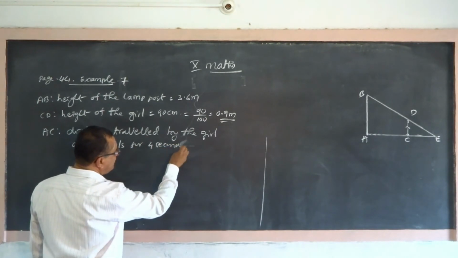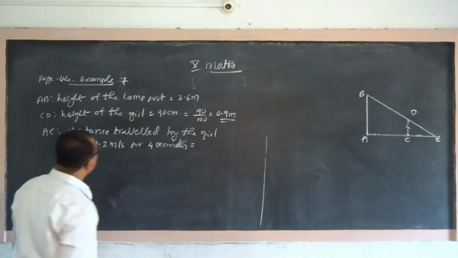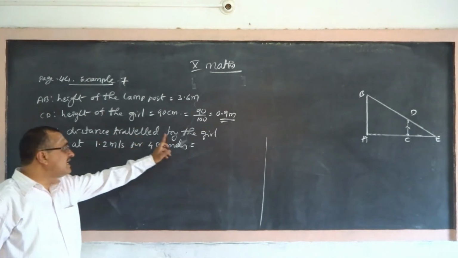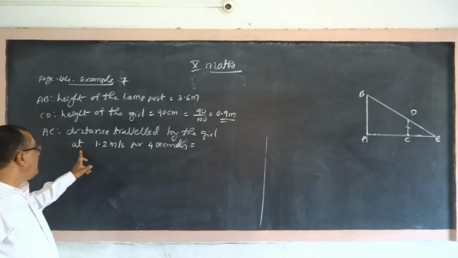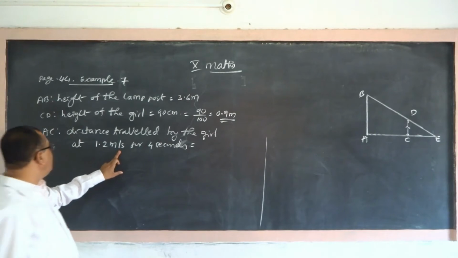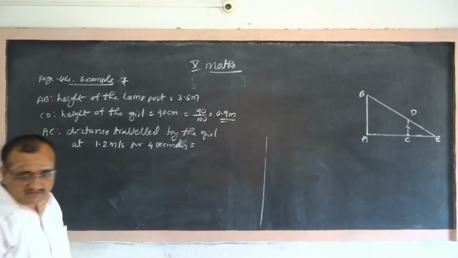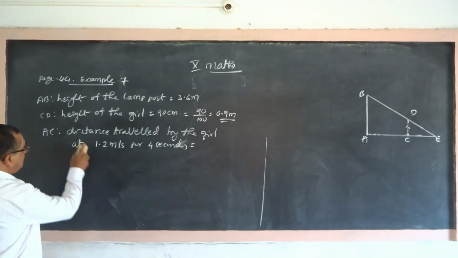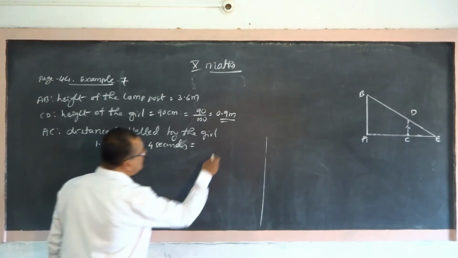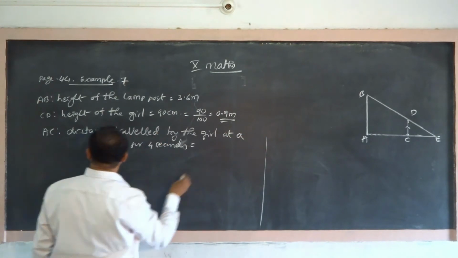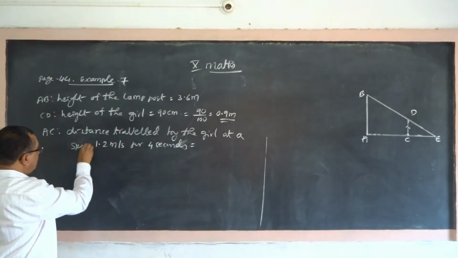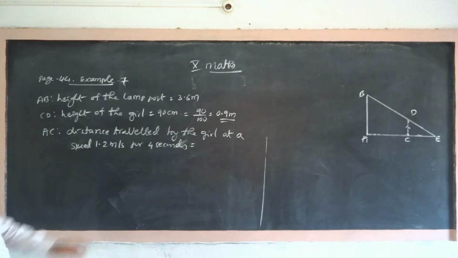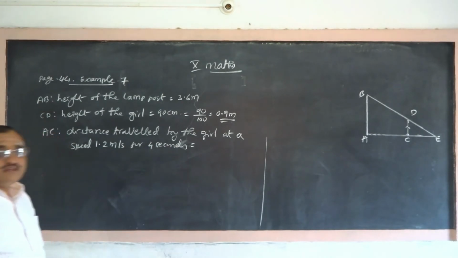Distance traveled by the girl at a speed of 1.2 meter per second and for 4 seconds.